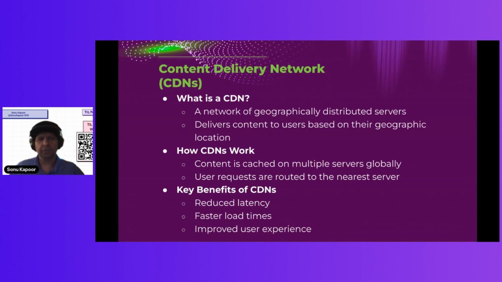So this process minimizes the distance data has to travel, which again reduces the latency and speeds up load times. So this results in a faster, smoother experience for the user. But beyond just speed, CDNs can also help manage traffic more effectively, reducing the load on your origin server and again improving your website's overall performance.